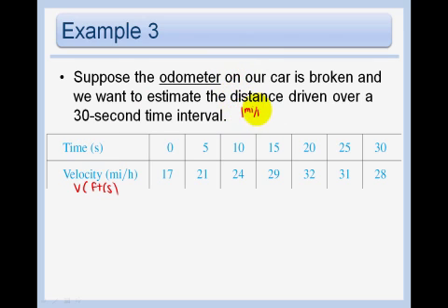And 1 mile per hour, you probably know this from the SATs, 1 mile is 5,280 feet, and 1 hour, of course, is 3,600 seconds. So I'm just going to use that conversion. You don't need to do this. It's not really a big deal. But I'm just going to do that for you.